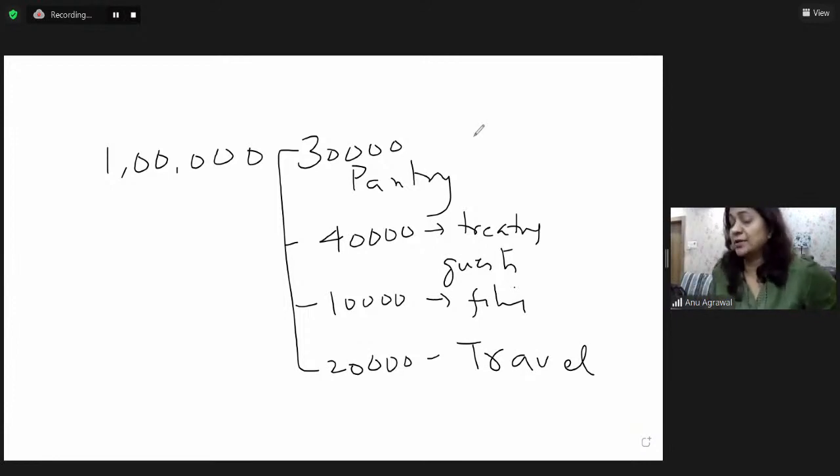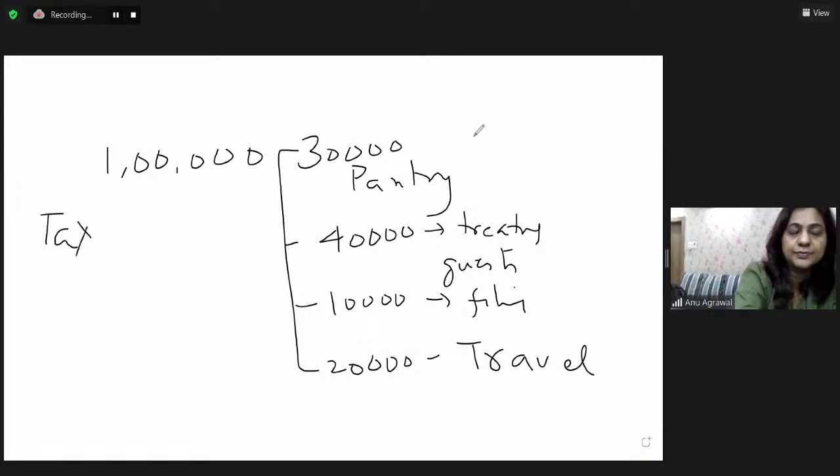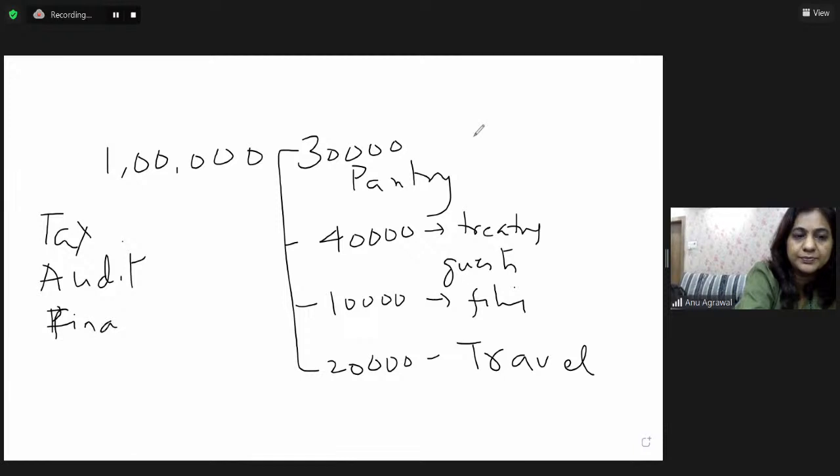Now I am taking up a very, very practical example, right? We are all going to become chartered accountants. I am a CA, you are going to be a CA. So let's see what happens. Now these 4 partners or these 4 chartered accountants are doing different work. One is sitting in the office and doing tax work. One is into audits. One is into investments, portfolios, finance work, let me put it.